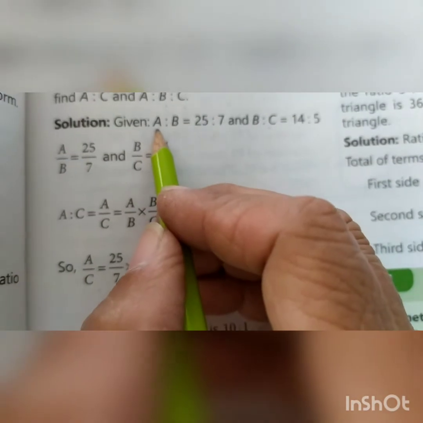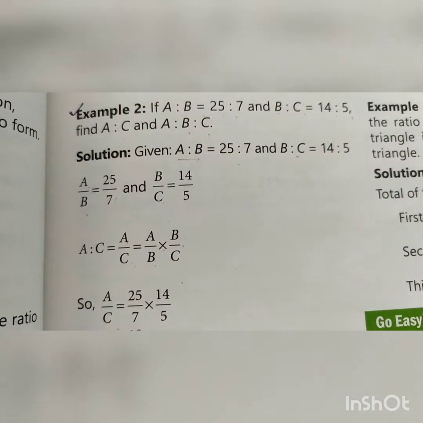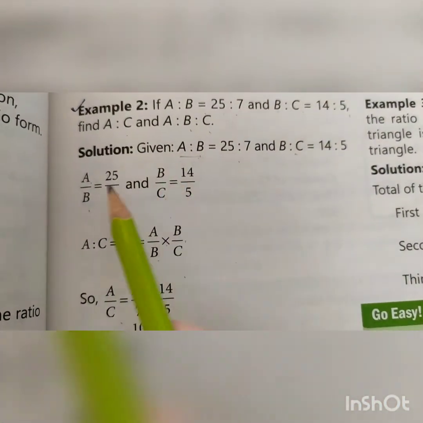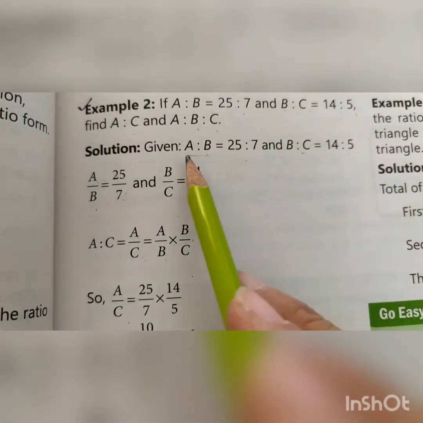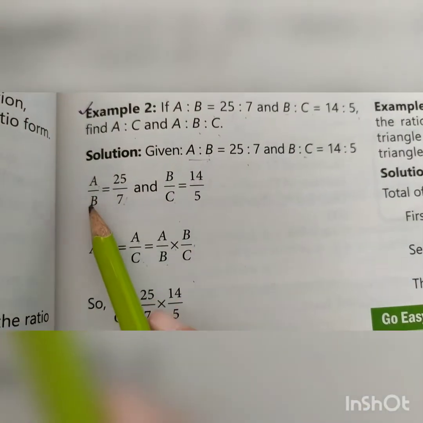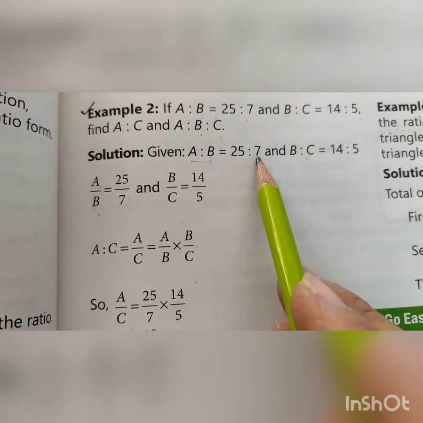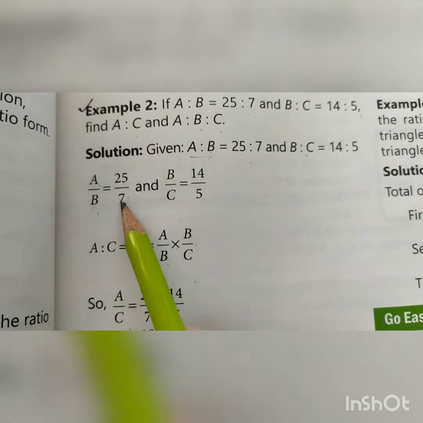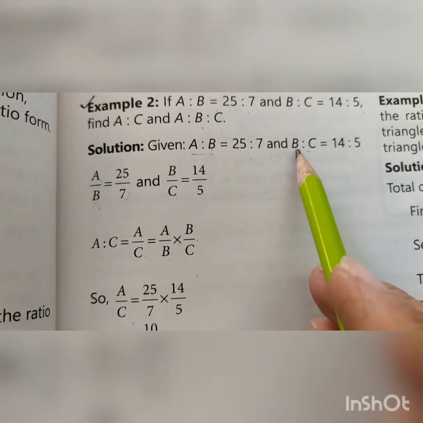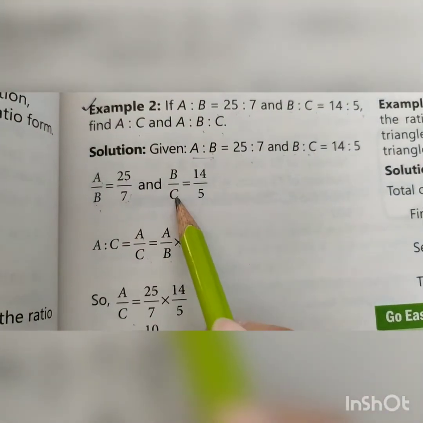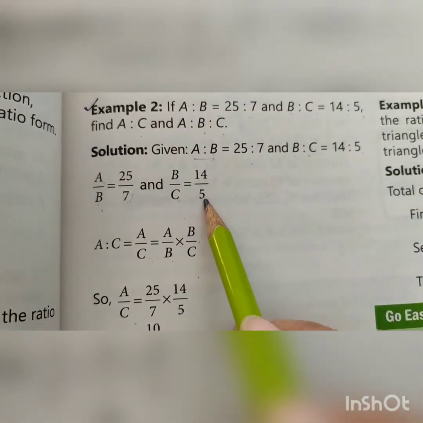First we will write this A ratio B as A upon B, which is 25/7. Then 25:7 will be written as 25/7. And similarly B ratio C is B upon C, equal to 14/5.